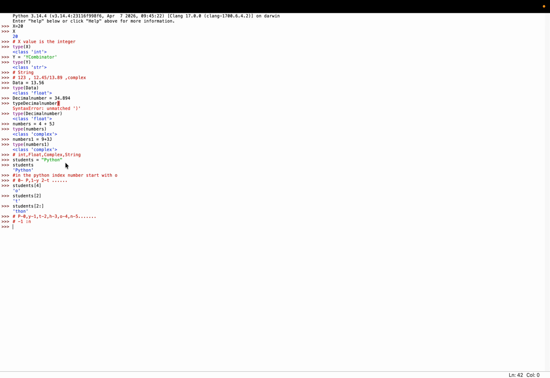Suppose I write students, then I write minus 1 and press enter, automatically I get N. In the same way if I write students, this time I want the O of Python. So you can write minus 2 and you can see that we'll get O.